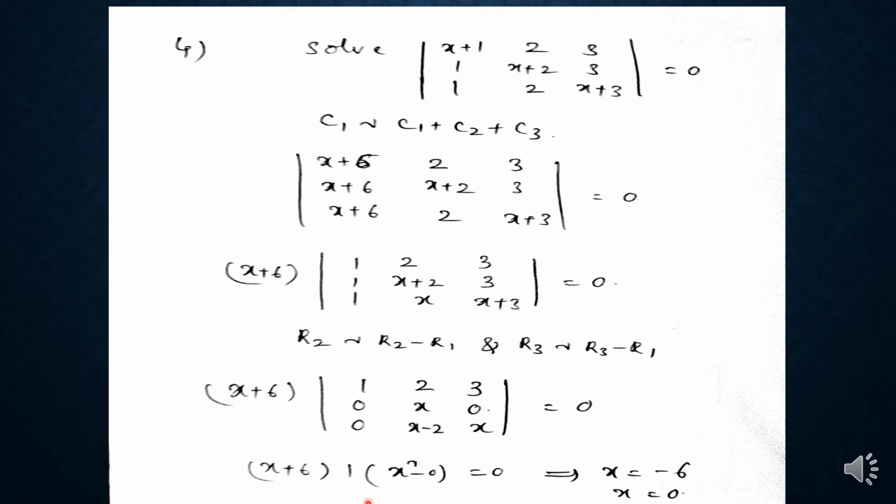That means either x plus 6 is equal to 0 or x square is equal to 0. If x plus 6 is equal to 0, x is equal to minus 6. If x square is equal to 0, x is equal to 0. Thus we got the values of x as x is equal to minus 6 and x is equal to 0.